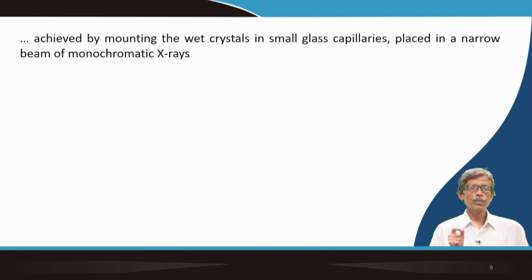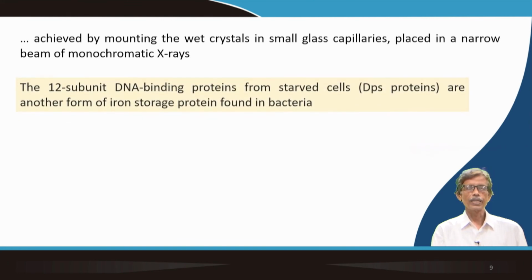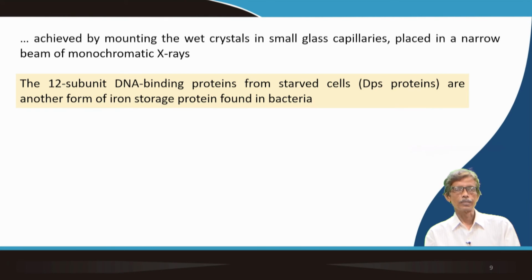Next, you mount the wet crystal in a small glass capillary and seal it, then mount the capillary on the goniometer head and expose it to the X-ray beam. You focus from the X-ray source, and monochromatic X radiation falls on the sample and gives you the structure.